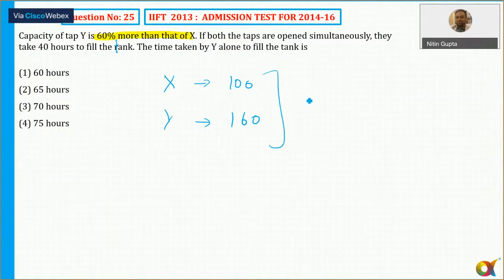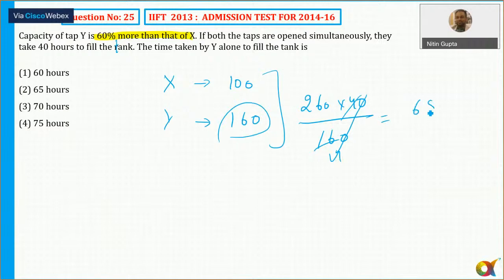So the total work is 40 times the combined rate. What is the time taken by Y alone? Y को 160 unit, so by 60. So the answer is 2. Very easy one.